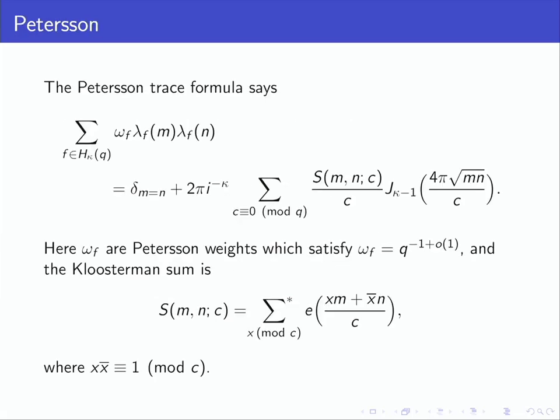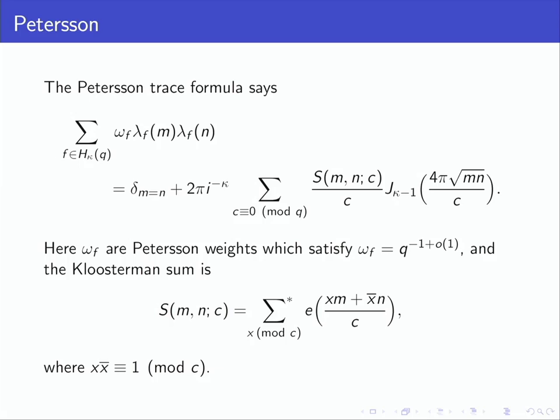Okay, and then the other tool to start with is the Petersson trace formula. This is always the basic tool that we have for averaging over a family of modular forms or a family of L functions. The Petersson formula tells us that we can average pairs of Hecke eigenvalues with some weights that we'll just call Petersson weights, that are basically of size 1 over q.